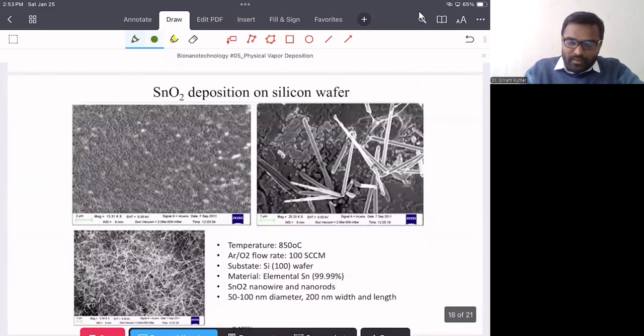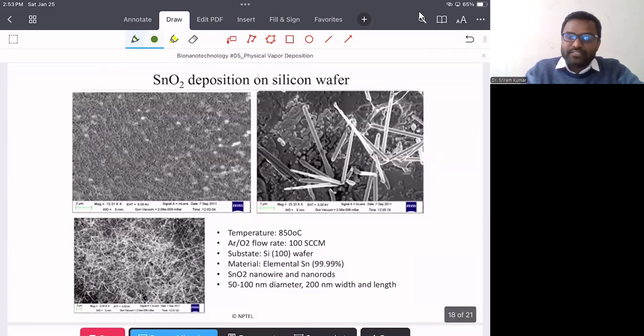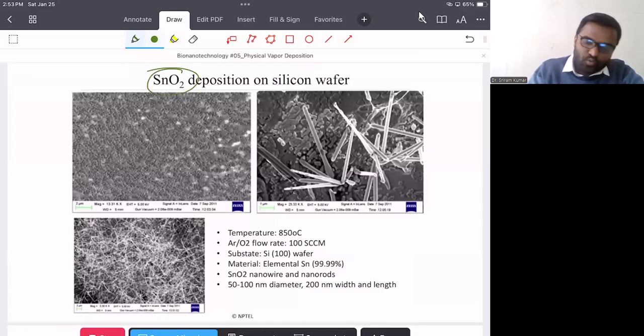Using the physical vapor deposition technique, if you want to deposit, for example, SnO2 semiconductor material, you can control the morphology, how you want to deposit your material. You can deposit either nanowire or nanorod materials.